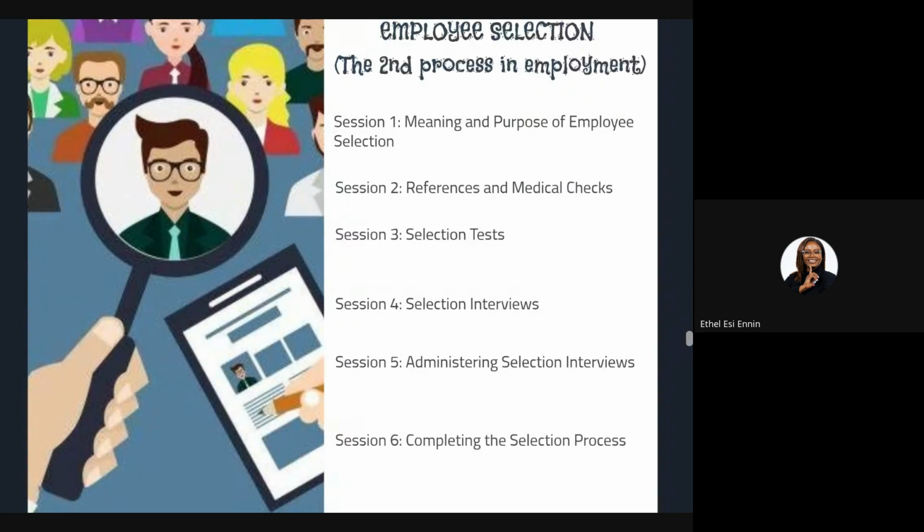Exactly. So careful selection is key. We don't just select because we have a pool to select from. If you don't do the needful, you can be dragged to court as an employer, because you failed to do the background check of the person you intend to employ. So these are two key cases that the module is informing us about.